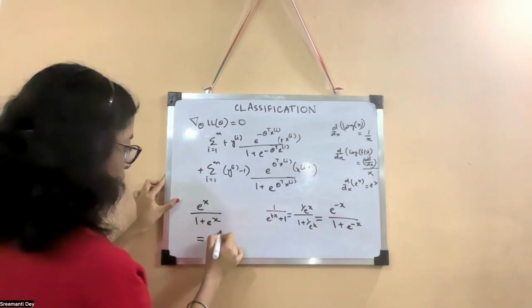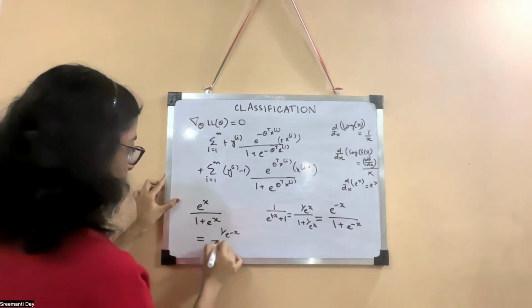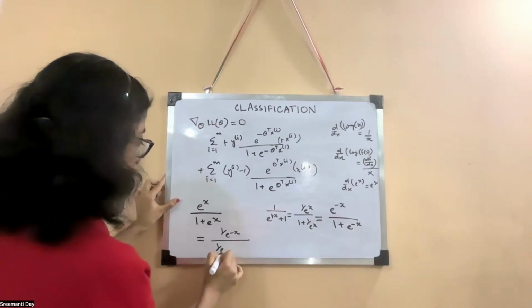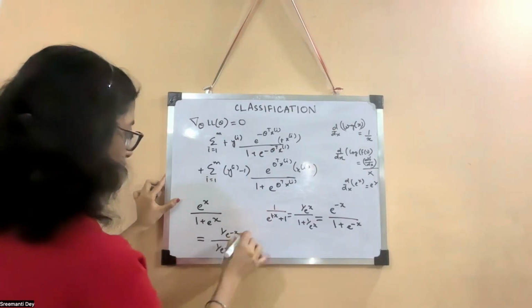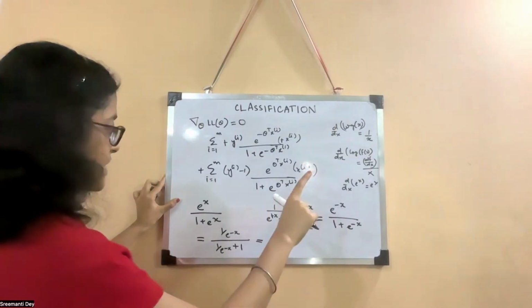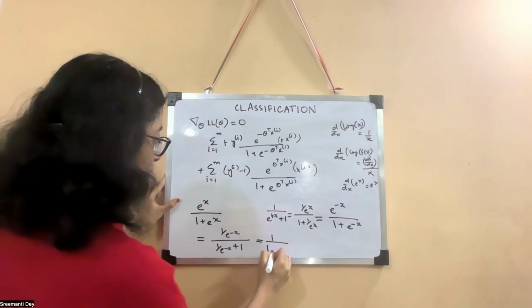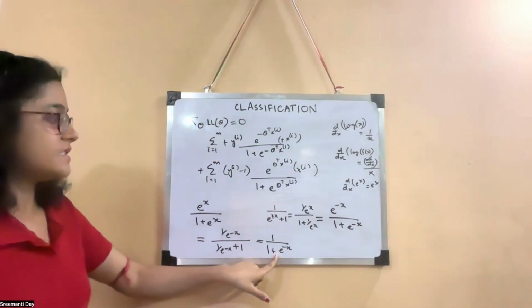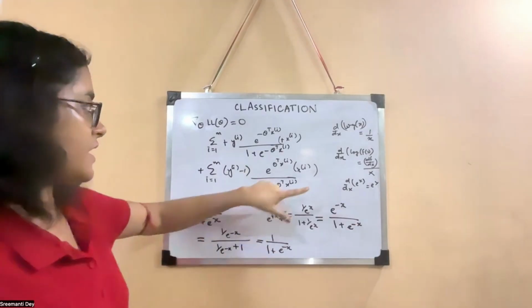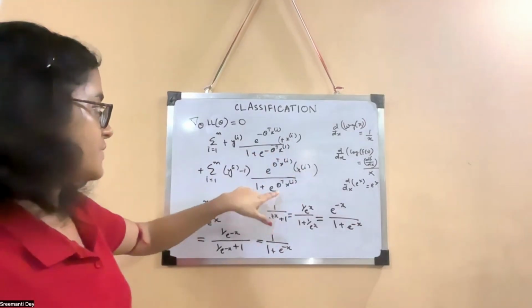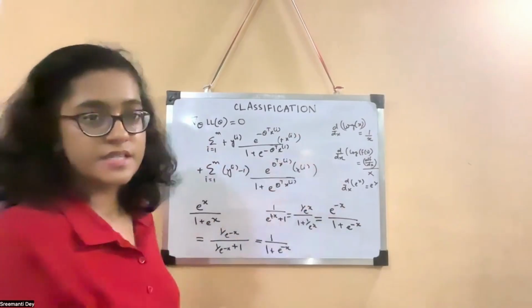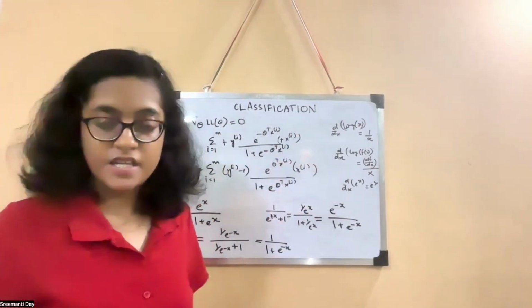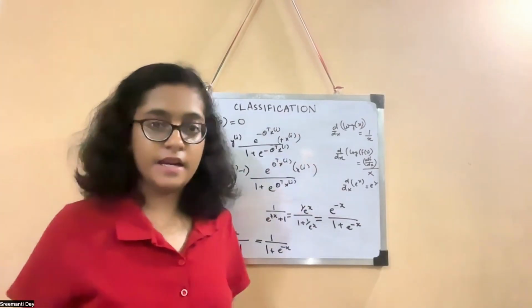So now what we do is 1 by e to the power minus x upon 1 by e to the power minus x plus 1. Let's multiply by e to the power minus x. We would have 1 by 1 plus e to the power minus x. Does this look familiar? If we convert this one like this, we have the same denominator and we can combine these terms. Excellent, right? Remember this trick? This will come in handy later as well.